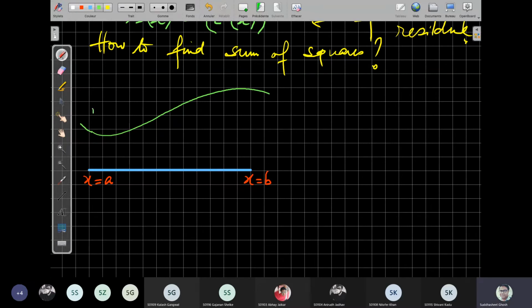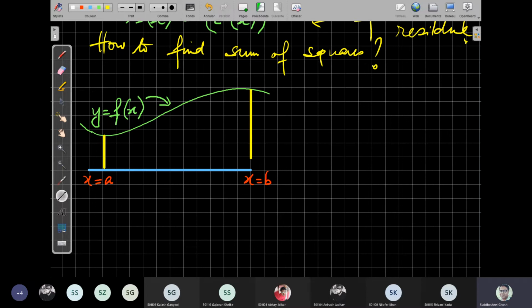This is a function. y equals f(x) is given to be this function, this graph that you see. Then they say, do one thing for me: give me the area under the curve.